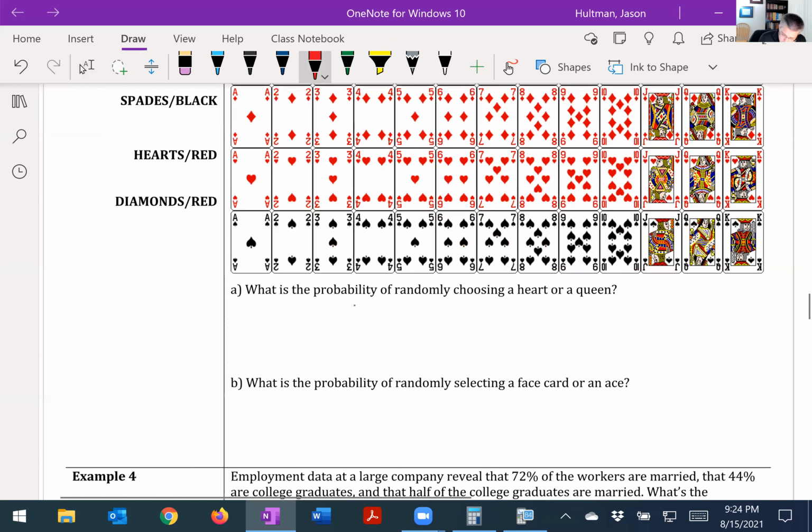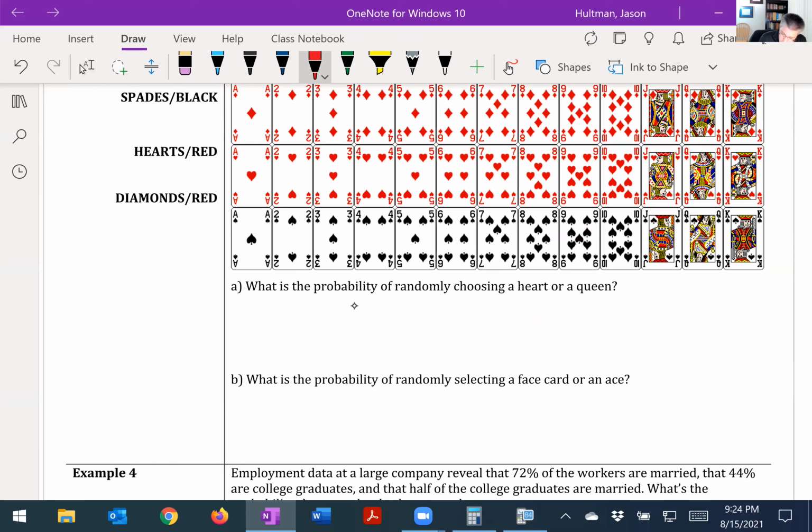The probability of a heart or a queen is equal to the probability of getting a heart plus the probability of getting a queen minus the probability of getting the queen of hearts.